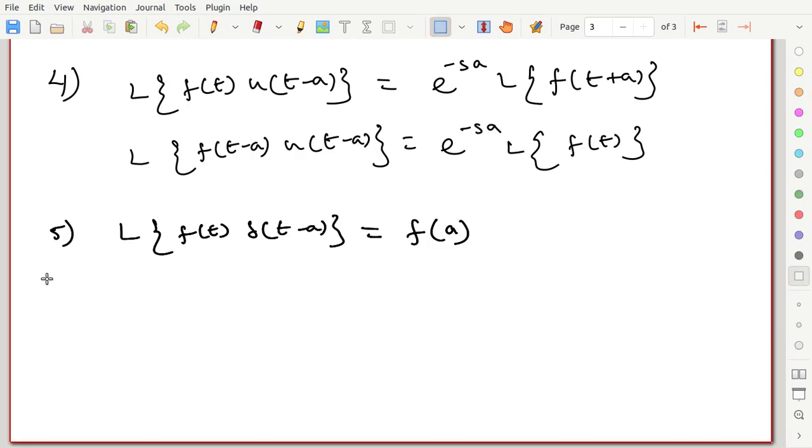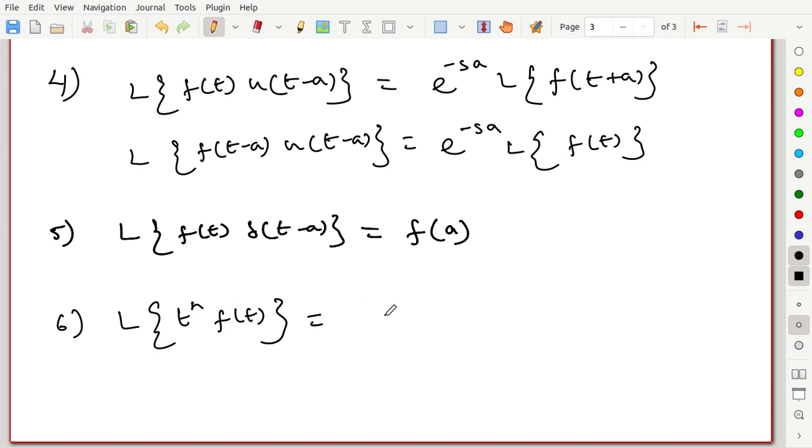While mentioning the properties, I forgot to include two more properties. The other one is the Laplace transform of the product t power n f of t. Whenever we have t power n f of t, it is equal to minus 1 whole power n, d power n divided by ds power n, of f of s.